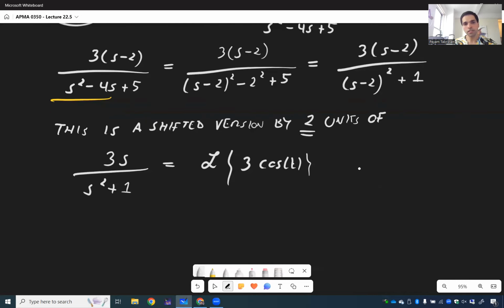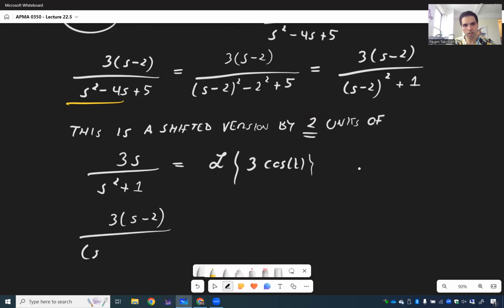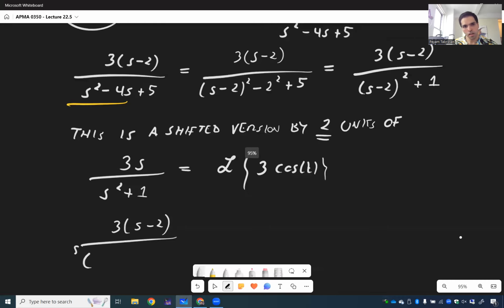So this 3 times s minus 2 over s minus 2 squared plus 1 is the Laplace transform of e to the 2t and then 3 cosine of t.